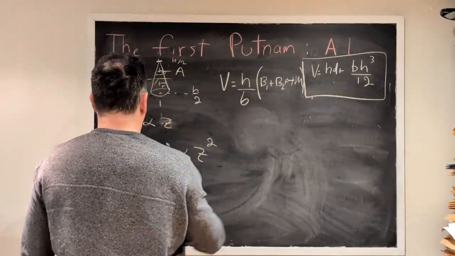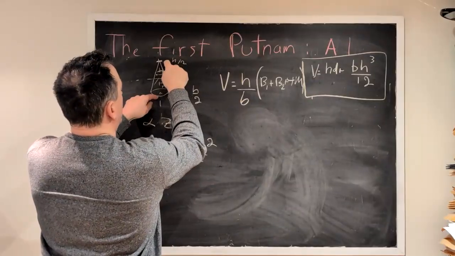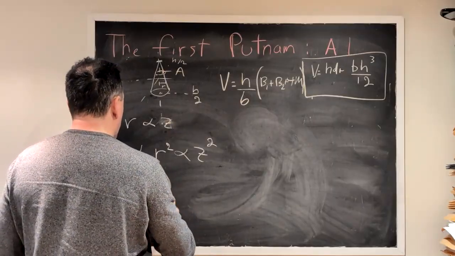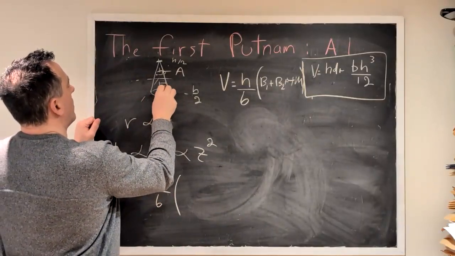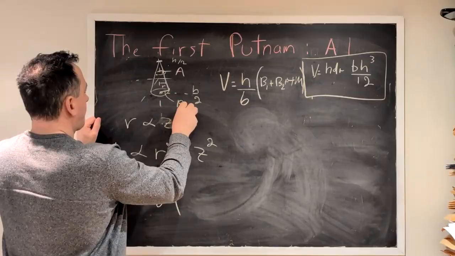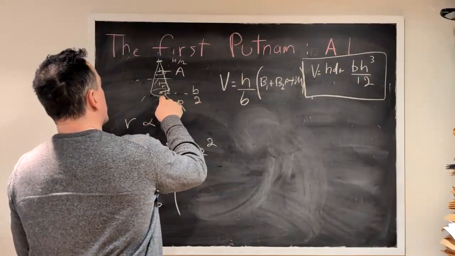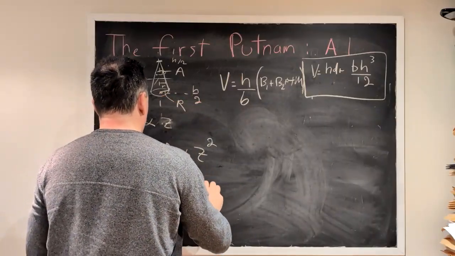Now, using this expression, we have the volume is equal to the height of the cone, h over 6, times the area at the base. If we have a cone of radius r, the area at the bottom is pi r squared.